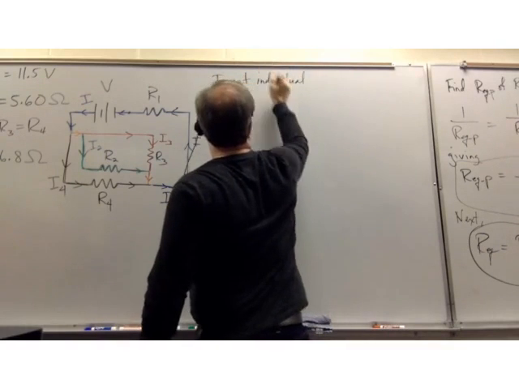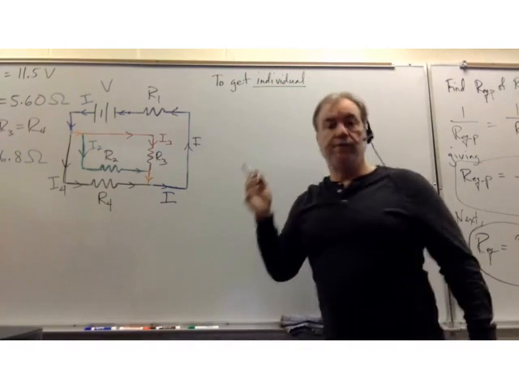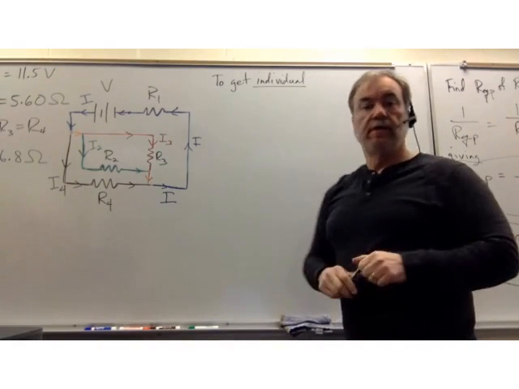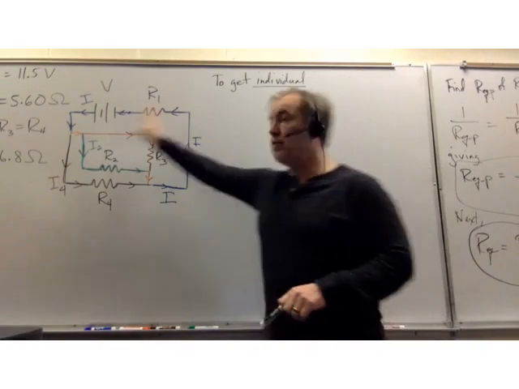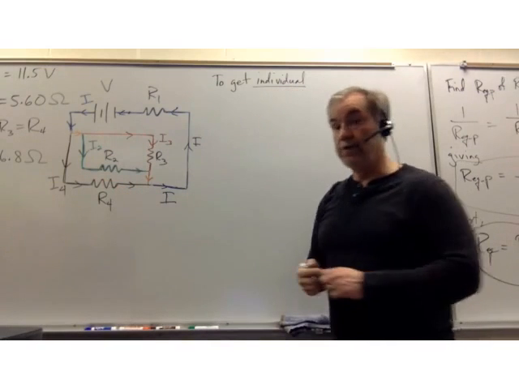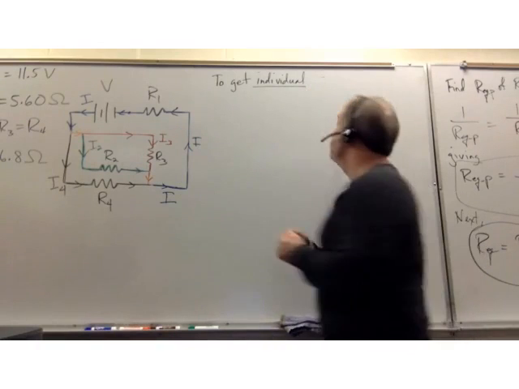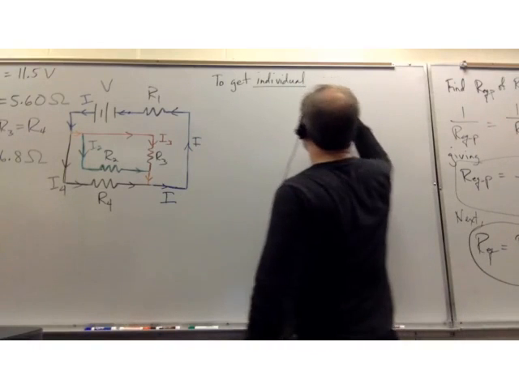So the first part was the conversation that we just had for the last 5 or 8 minutes, for getting the total current output, which is good, and we're going to need that. But to get the individual current, we need to take a different approach.